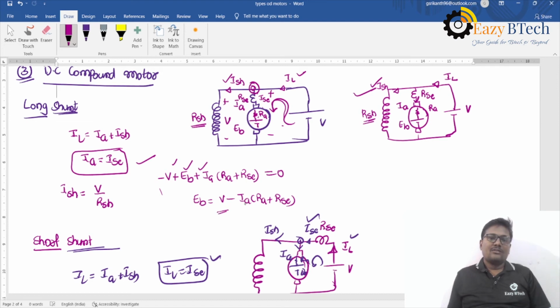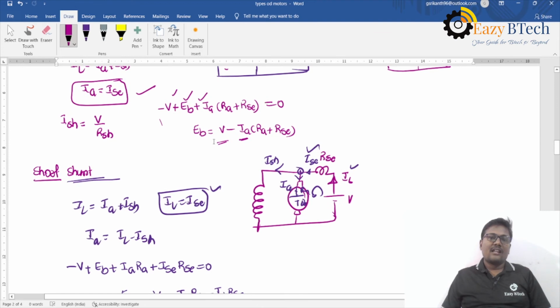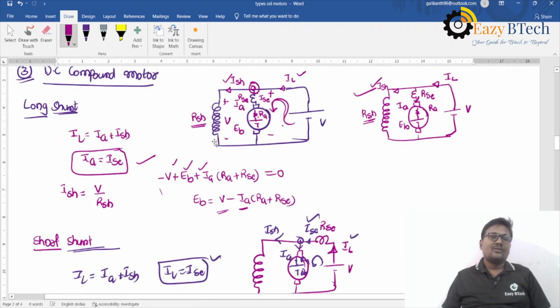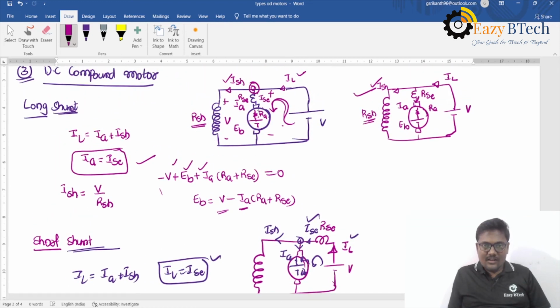So EB is equal to V minus IA into RA plus RSC. And this is about the long shunt connection, and ISH is equal to V by RSH. Why? Because the same supply voltage will be applied across RSH. This node potential will be V only, and here also the same voltage will be applied.